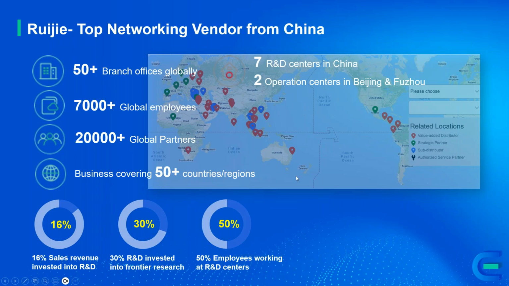And one of the keys of our success is our focus on research and development. More than 16% of our sales revenue is invested into R&D, and 30% of R&D is invested into frontier research, and more than 50% of our employees work at R&D centers.